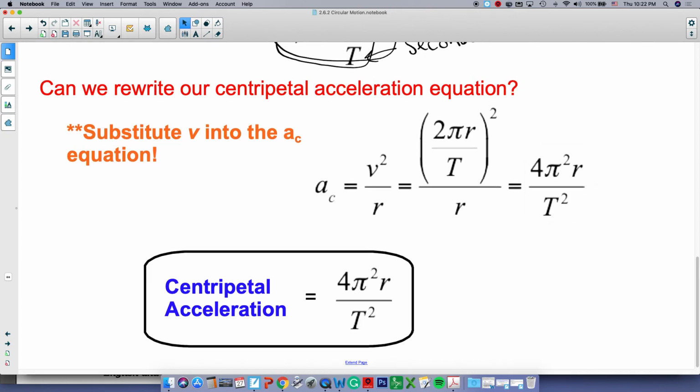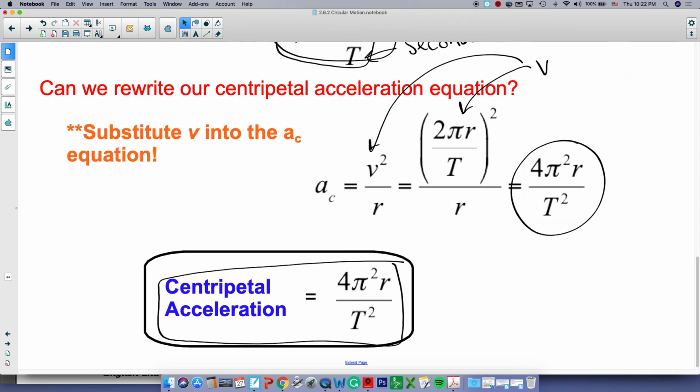So this is substituting in that v, which is 2 pi r over t, into our equation there. We have to square it, and when you square it, it becomes this. So that is our big centripetal acceleration equation.